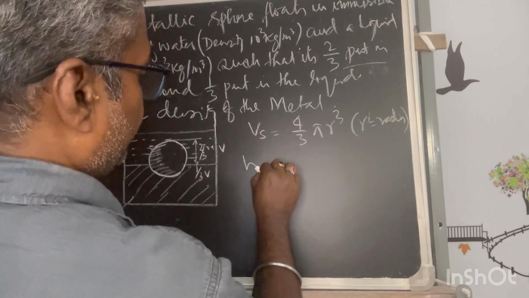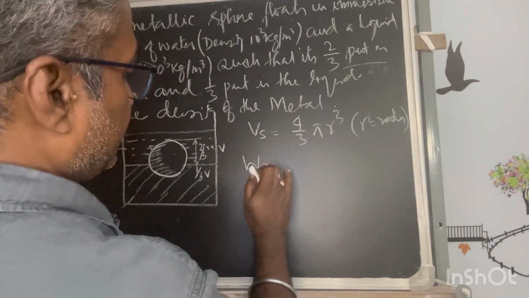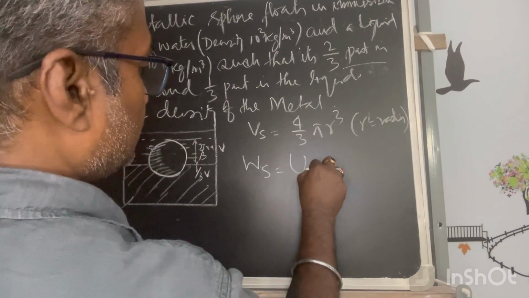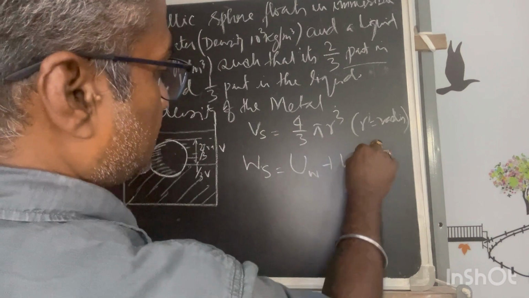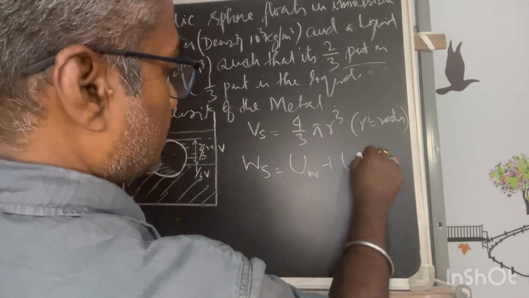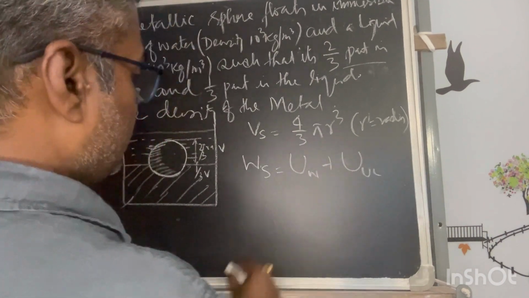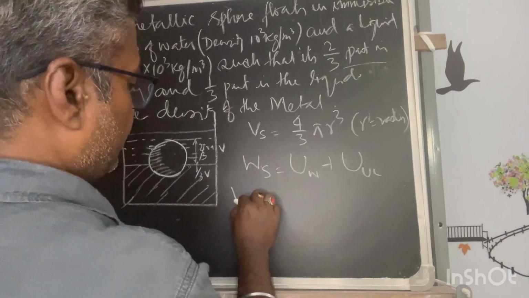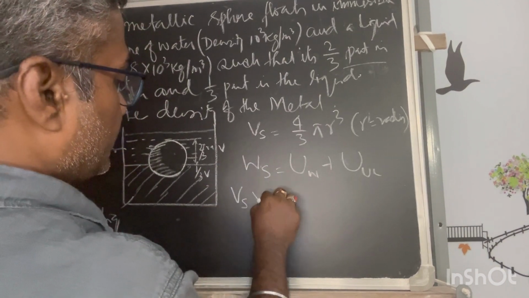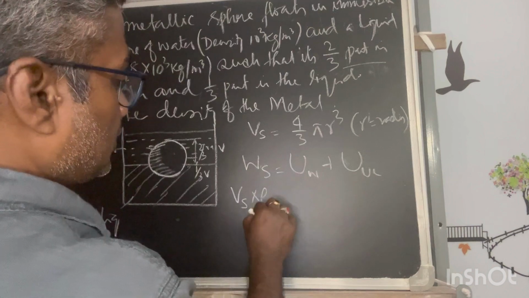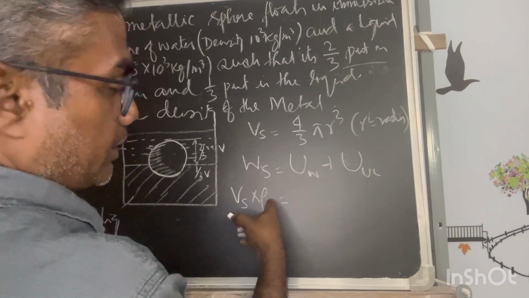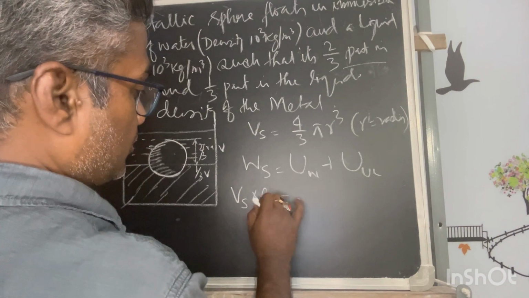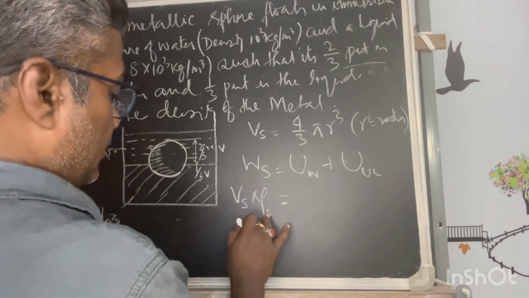So, weight of the sphere is equal to upthrust due to water plus upthrust due to the unknown liquid. So, this is the volume of the solid into the rho of the solid. I'm not writing g, because g is anyhow eliminated from the equation. So what is the remaining part?